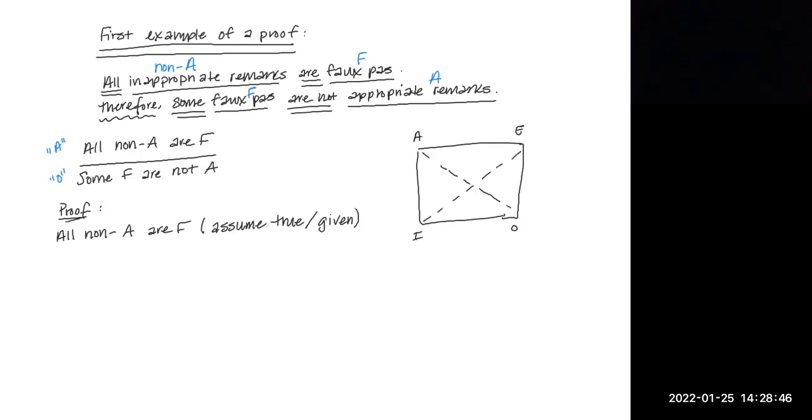But how do I know what statement to start with, and how do I know its truth value? Well, I know which statement to start with because I'm going to start with my premise. I'm going to assume that it's true. And this is extremely important. We will only work with the premise. We will never work with the conclusion.